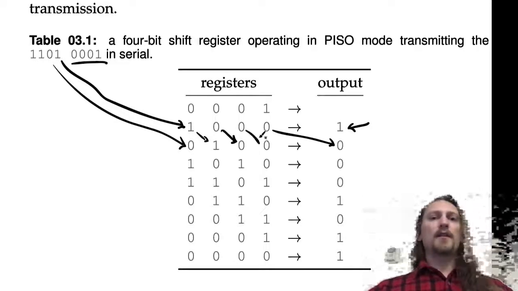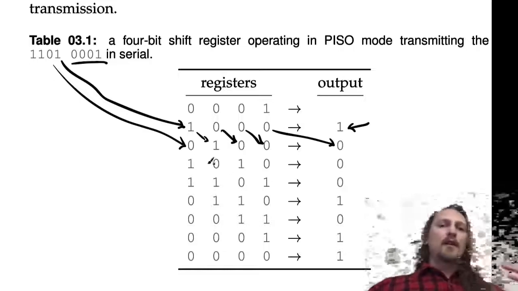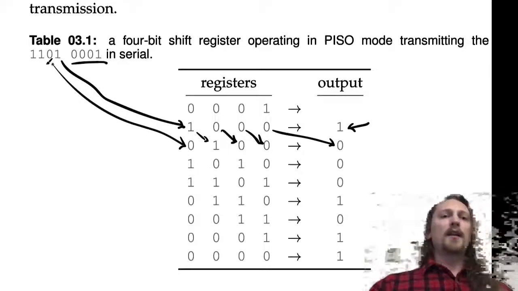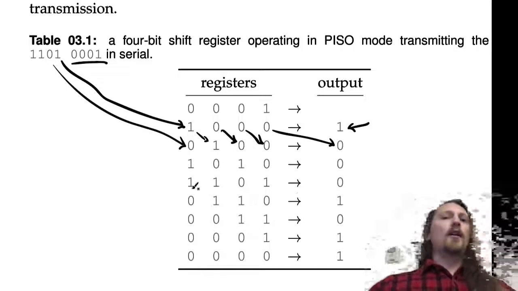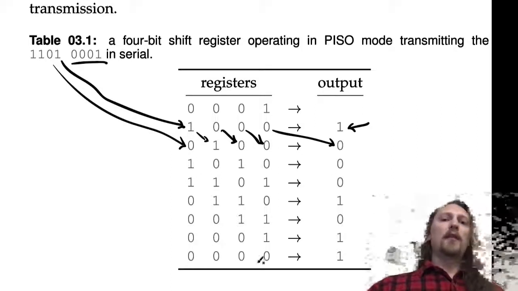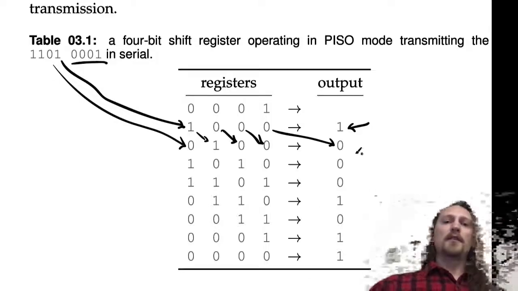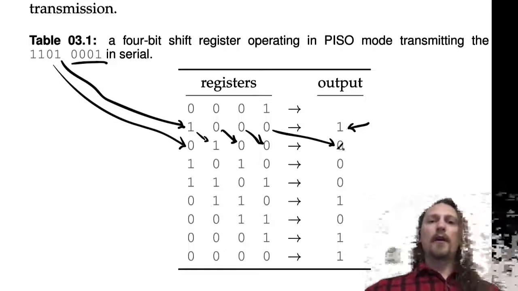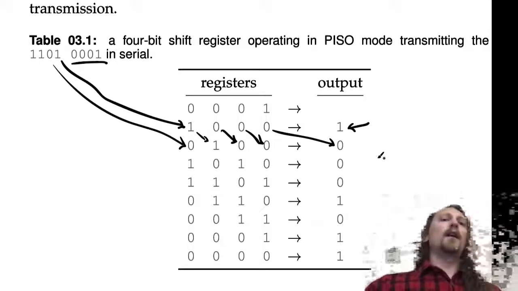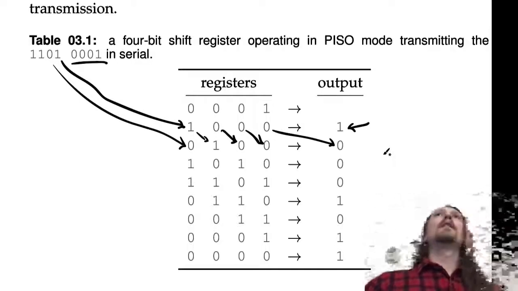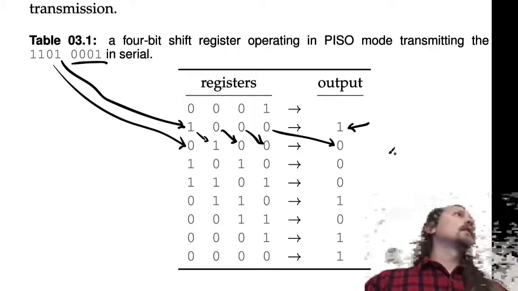This 0 goes there. Etc. The next one to come in is a 1, the next one to go out is a 0. All the way down, we see that we make it through the register after we've gone through 8 steps. So 1, 2, 3, 4, 5, 6, 7, 8. And we've transmitted our signal.